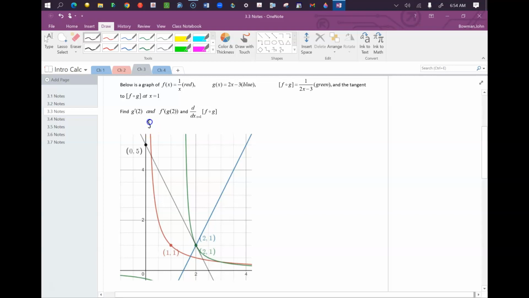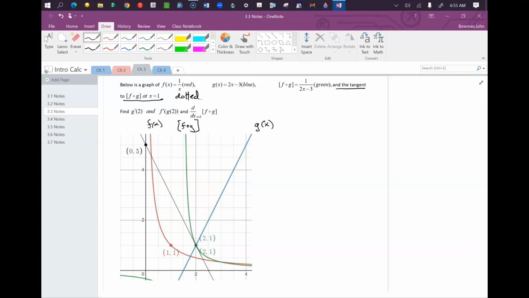The f of x function, 1 over x, in red, the g of x function, the line 2x minus 3, in blue, and the composition f of g in green. And finally, pardon the spacing here, the tangent to f of g at x equal 1, which is dotted, and I am not going to label that, I'm just going to say that's the black dotted line.